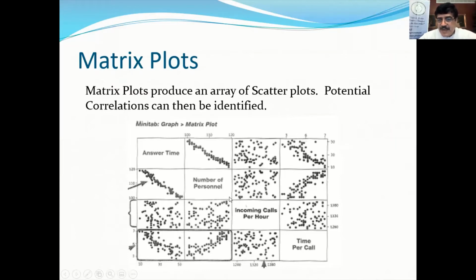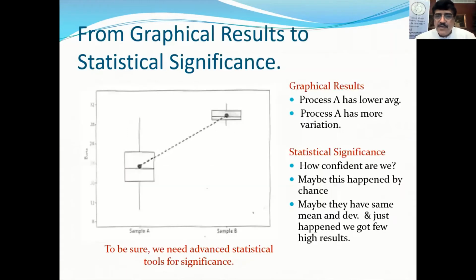For the number of personnel versus incoming calls per hour, there is no relation because this has nothing to do with this. There's no correlation. But if we look at this one here, for example the time per call with the number of personnel, yes, so we know the relation between the various inputs, how they are related to each other.